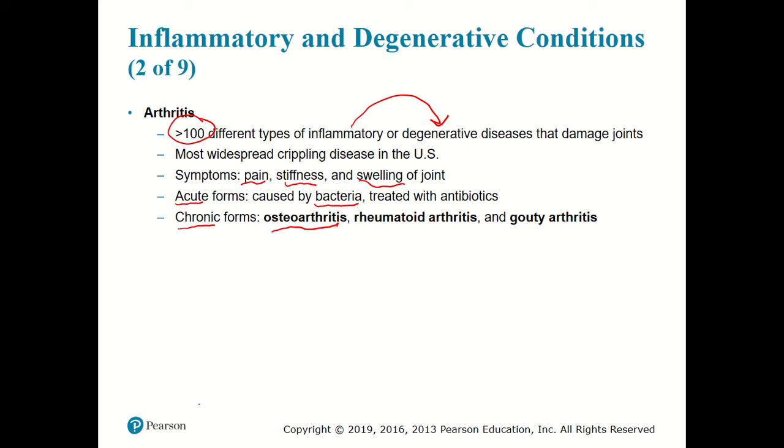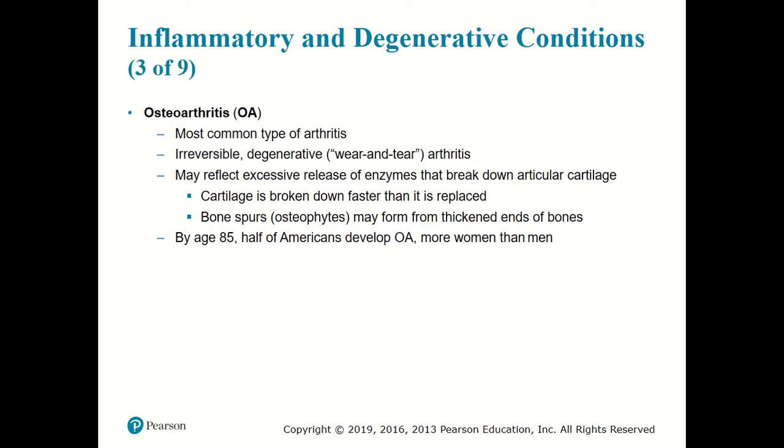And so there's three main ones we're going to talk about here: osteoarthritis, rheumatoid arthritis, and what we call gouty arthritis. Osteoarthritis is the most common type of arthritis. And it's irreversible.